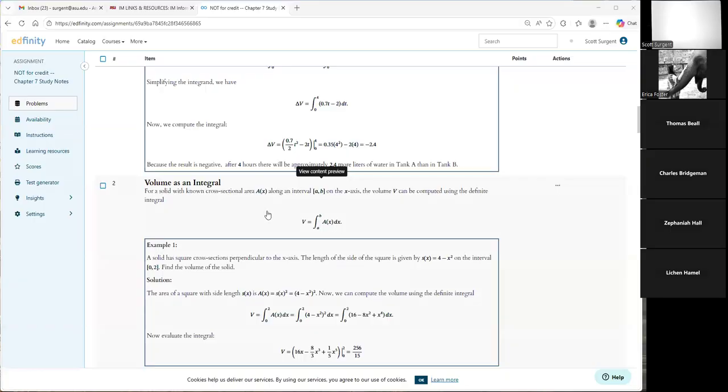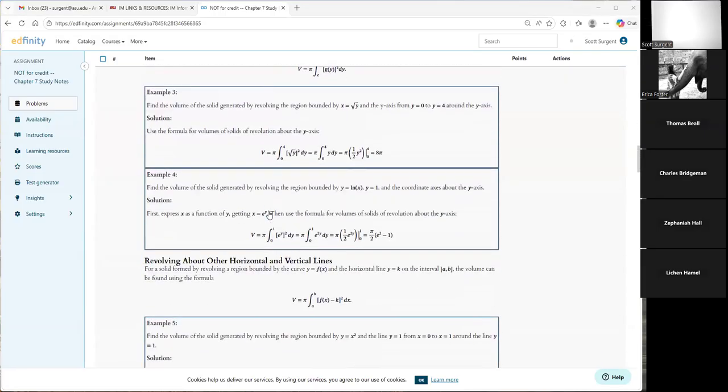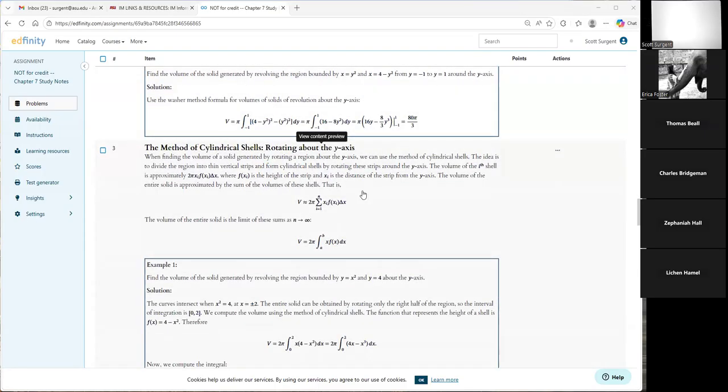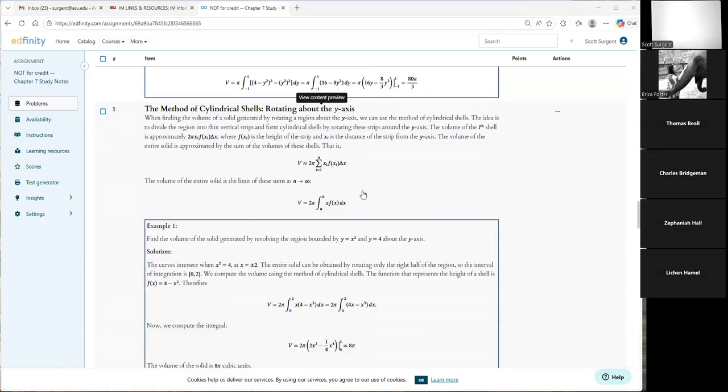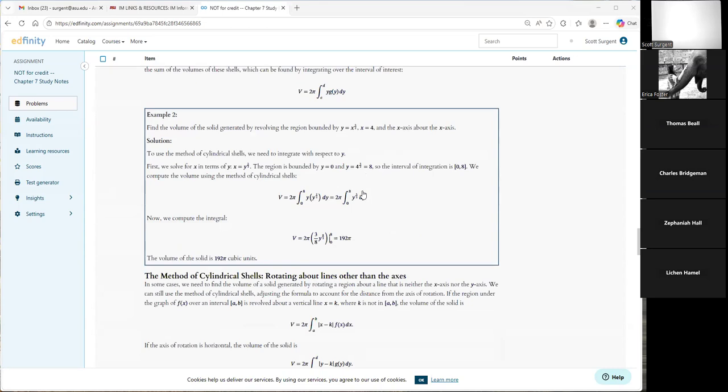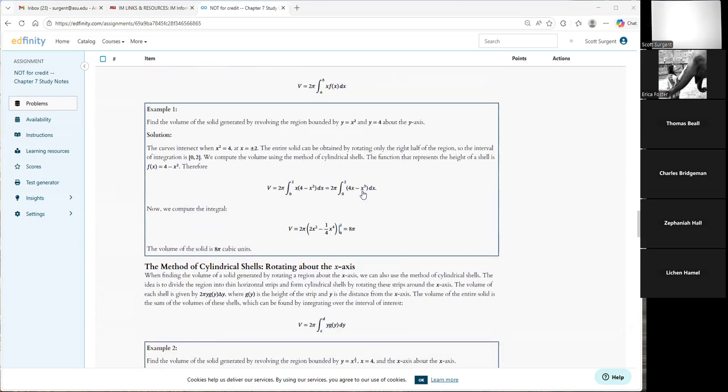I understand the shell method, and it's not rocket science, but in the examples I got kind of confused about what they were doing. When it rotates on the y-axis, like you get y equals x squared and y equals 4 about the y-axis.